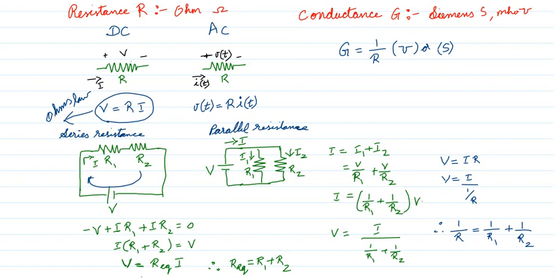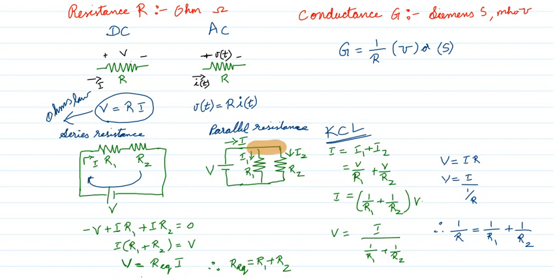So I can apply Kirchhoff current law at this node. That is, incoming current is equal to outgoing current at this node. The incoming current is I, and the outgoing currents are I1 and I2. So I is equal to I1 plus I2.